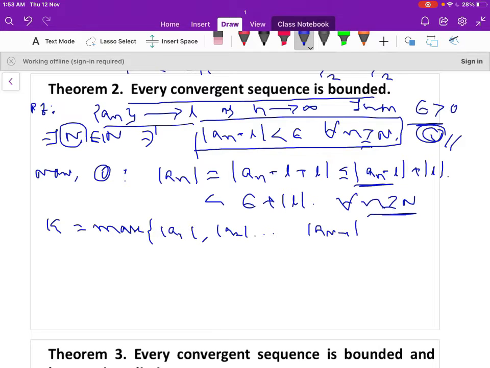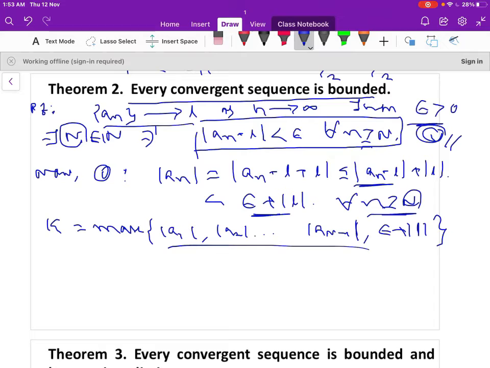For all n greater than or equal to N, the modulus of a_n is less than epsilon plus the modulus of L. So the modulus of a_n is always less than epsilon plus the modulus of L. Out of these terms I'll consider the maximum value.